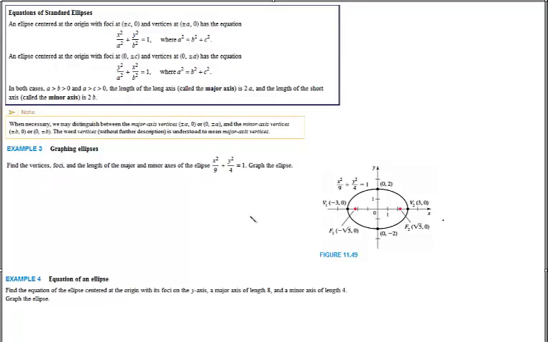Our example 3, we're reviewing our ellipses. If you'll remember, you will know your major axis by whichever variable has the largest number under it. This x is, you'll take the square root of your denominators here as long as this equals 1. And so x is what I call wamperjawed by a 3.